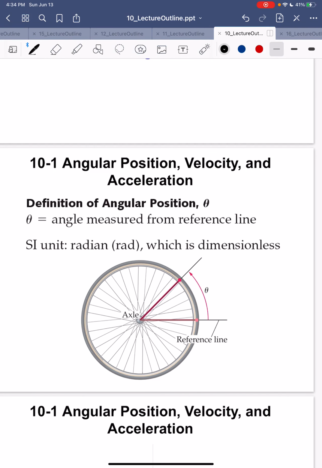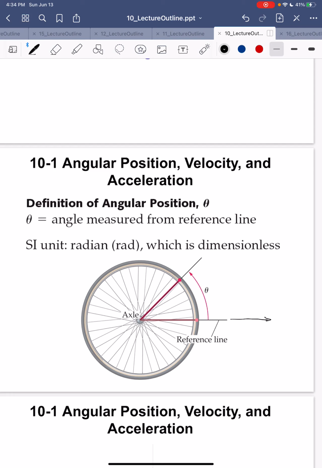Okay, here let's talk about an object that is in rotation. That object can be anything from a tire, a round merry-go-round, anything that is rotating. We are going to define first a reference line.